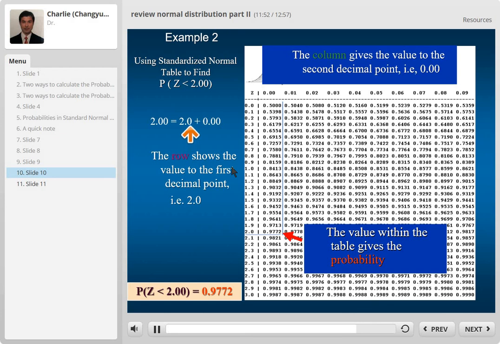The value of the first decimal point we find in the first column on the left-hand side, and the value of the second decimal point we find on the top, right here. The cross of this column and this row is the value we need.